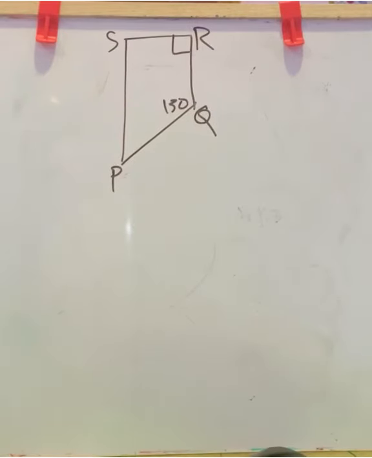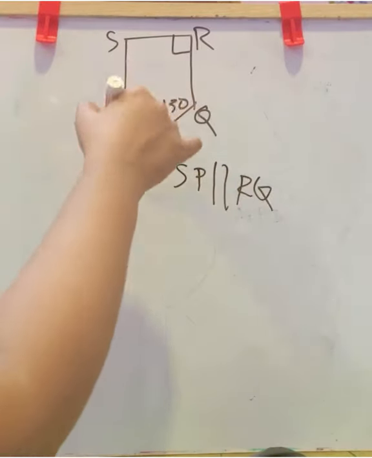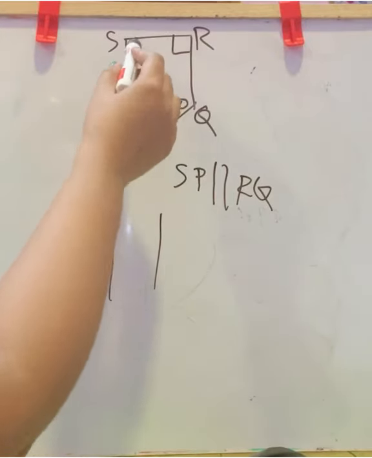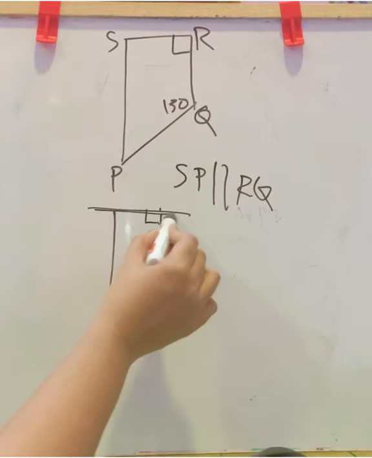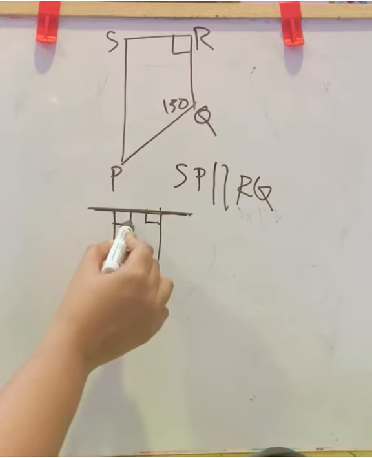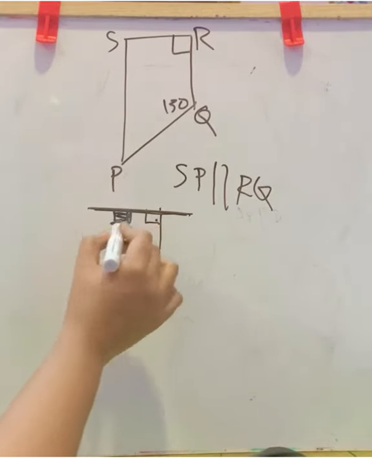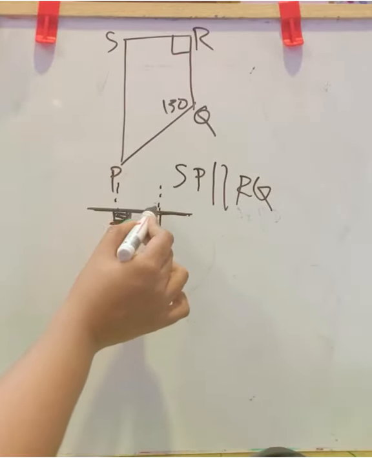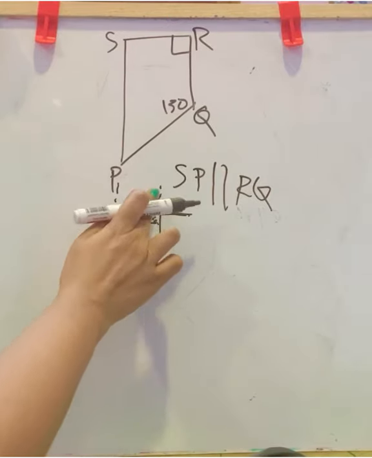Next, the figure is this. Find the measure of angle P and angle S. If SP is parallel to RQ, these two lines are parallel. Now, it is like this. Parallel lines are like this. So, we have to find S and P. If this is 90, if a transversal is falling like this, this will be 90 because these two angles are consecutive interior angles. If you extend the parallel lines, these angles will be alternate interior angles and these will be consecutive interior angles.